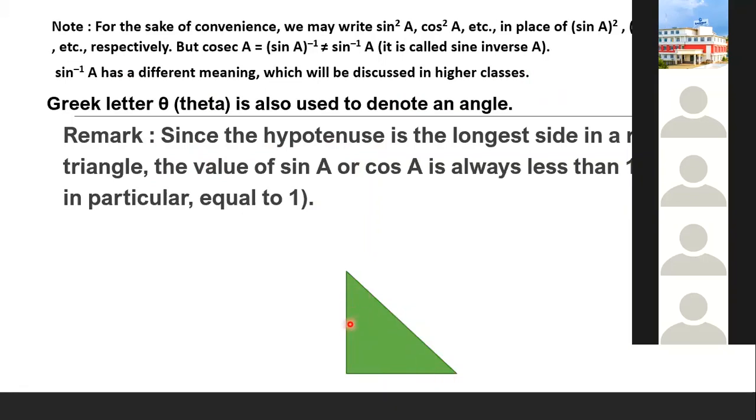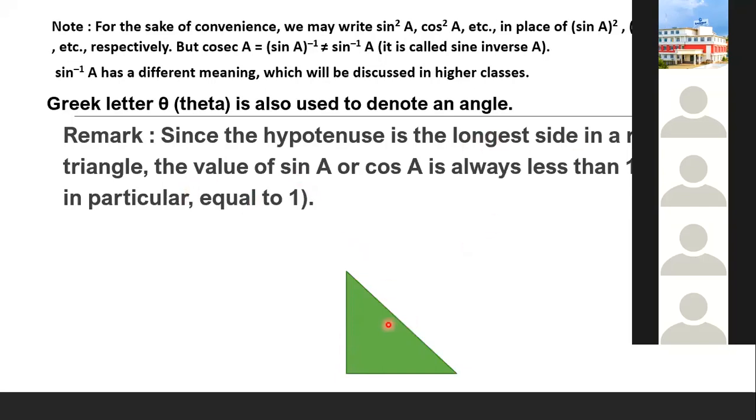We have already learned in our previous class that whichever angle is more, the opposite side value will be more. Am I clear, children? Even if it is an obtuse angle, whichever angle is more than 90, the opposite side will obviously be longer. That is what we learned in our previous class.